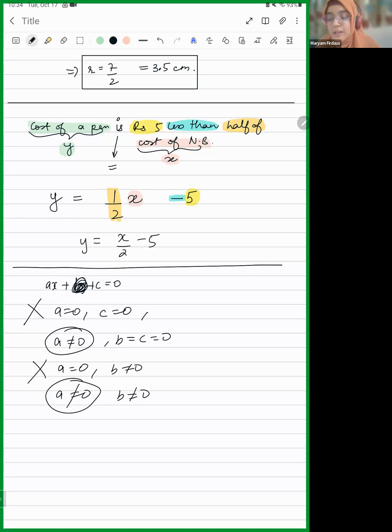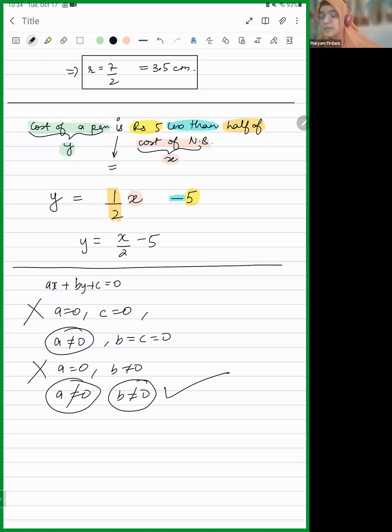In the question, they have clearly mentioned what? A linear equation in two variables. So this also cannot be 0. So B is also not 0.